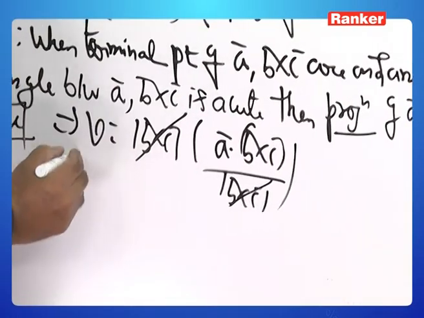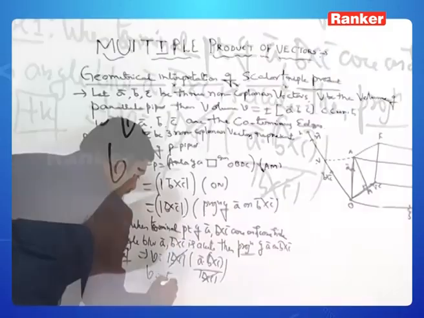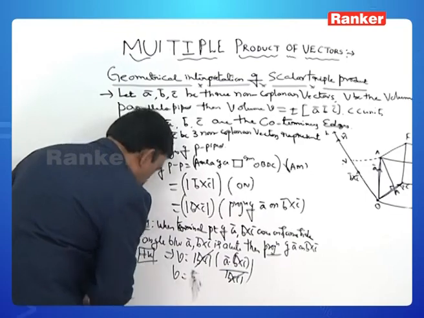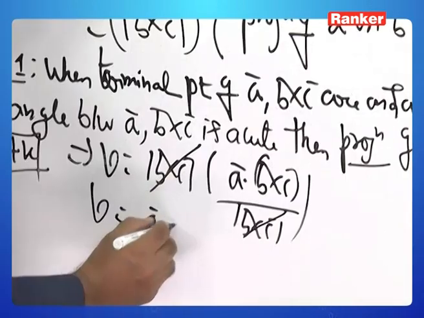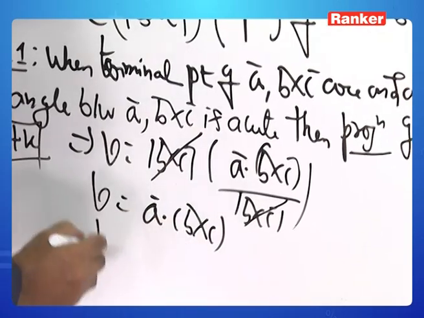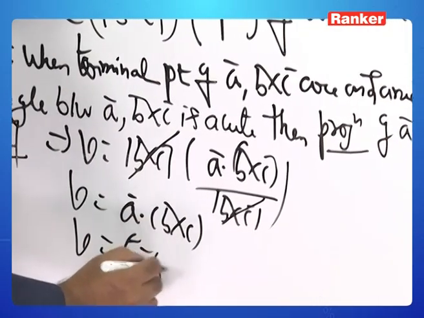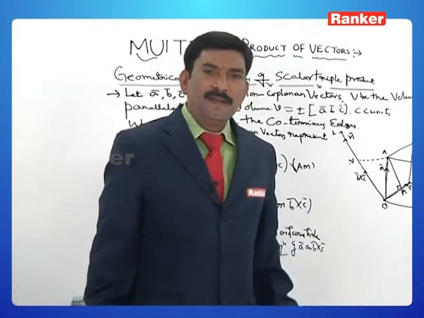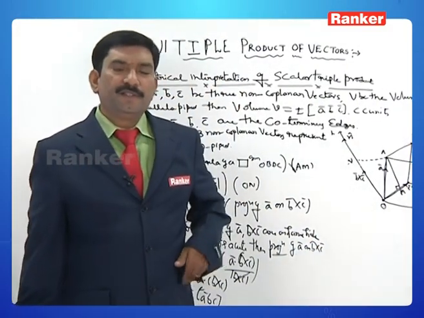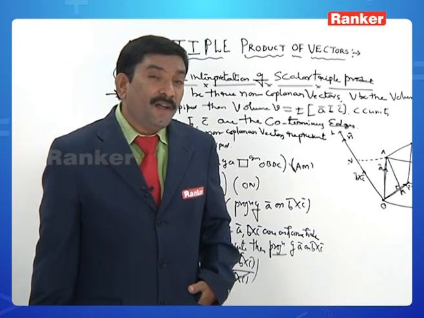Now therefore, V is equal to what? We can call it A bar dot B cross C, or else I can write box of A bar B bar C bar. This is when A bar, B bar, C bar are in a right-handed system.